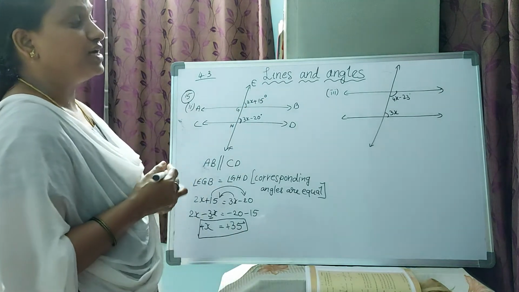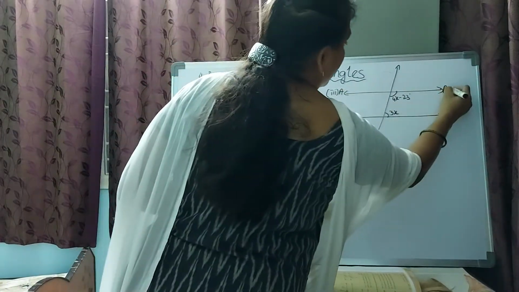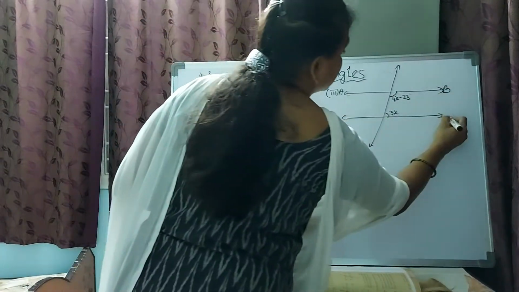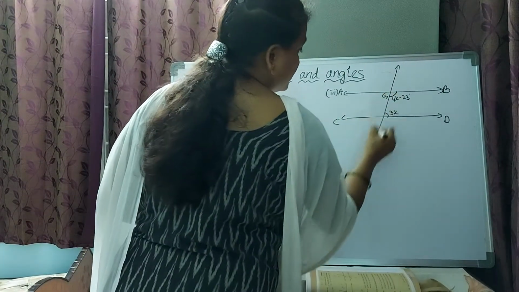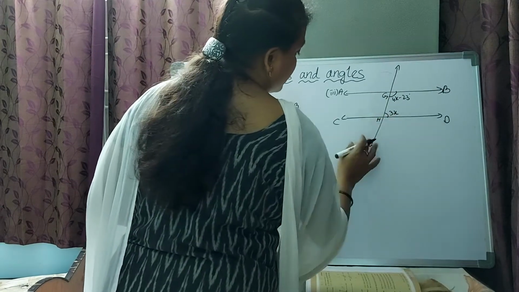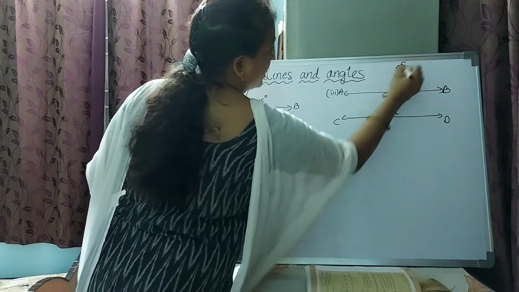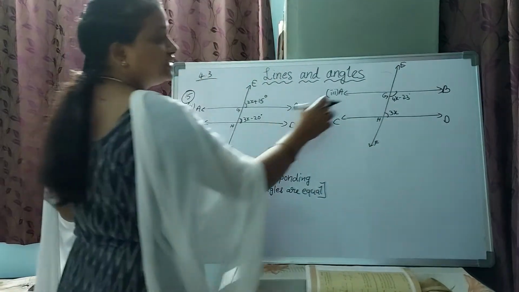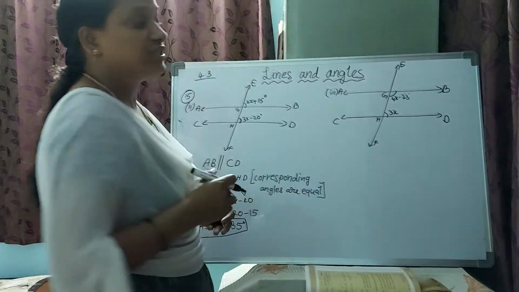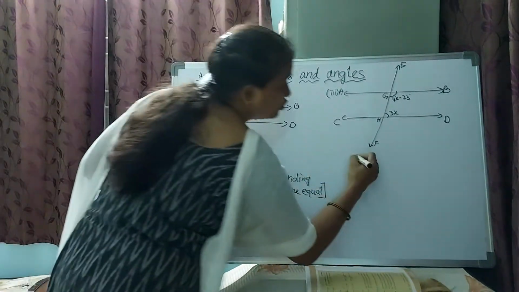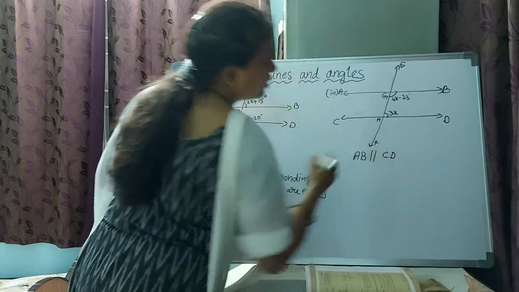Here also you have to find the x value. If you see here, it is the same. AB is a line and CD is another line which is parallel. These two lines are parallel lines, and EF is a transversal which meets the parallel lines at G and H. See, if you observe these two angles, if AB is parallel to CD, what will happen?